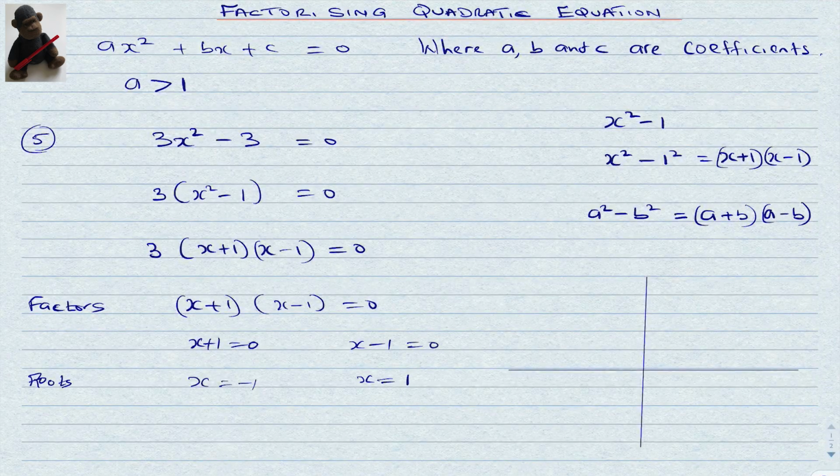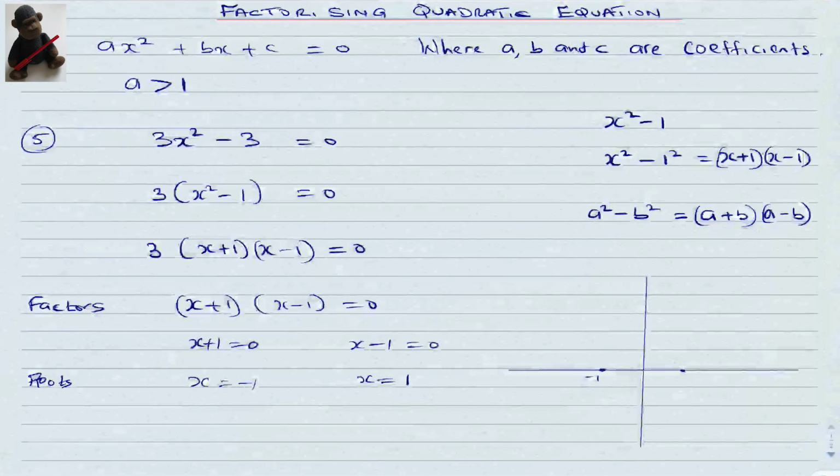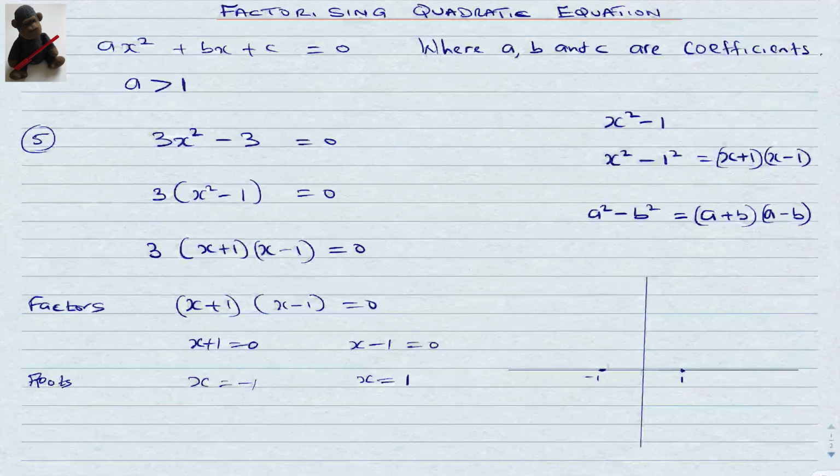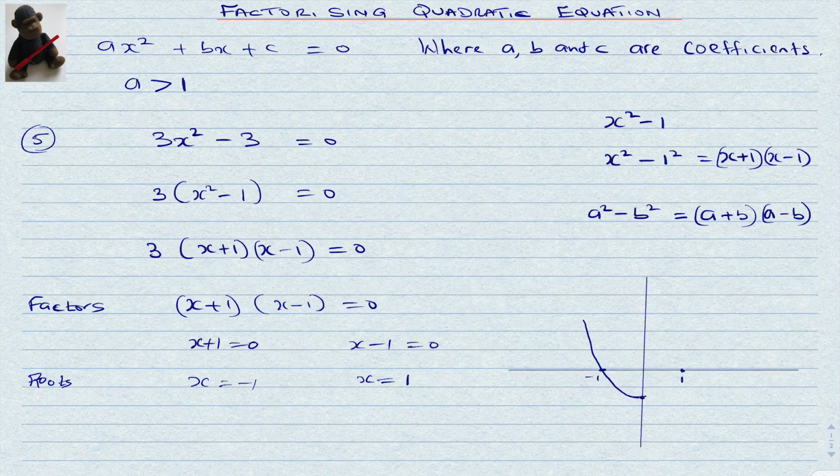Right. So x equals 1. That's minus 1, and x equals 1. And the curve crosses at minus 3. So minus 3 is somewhere here. So it must be symmetrical. The curve is symmetrical.